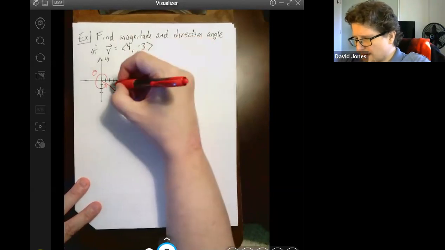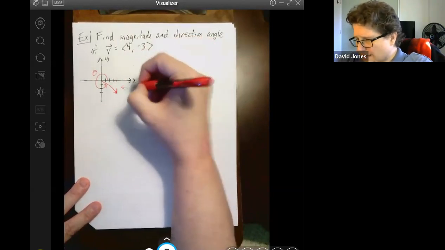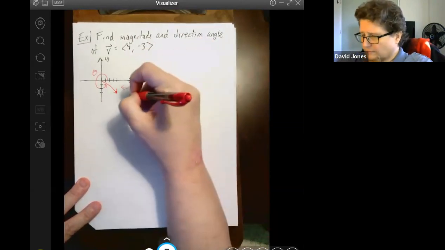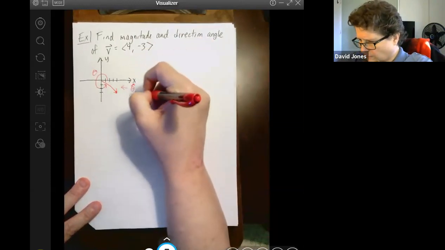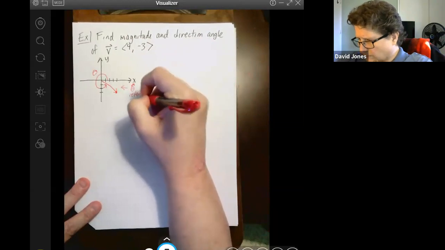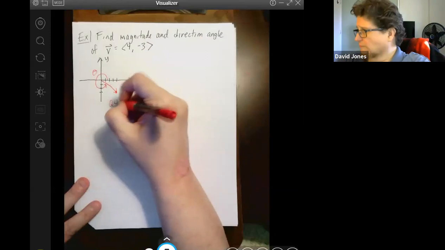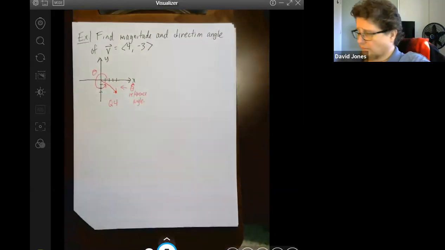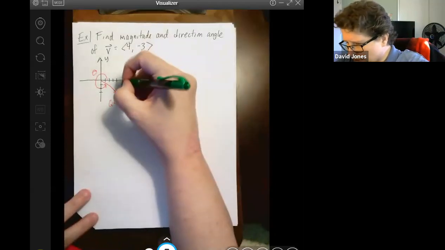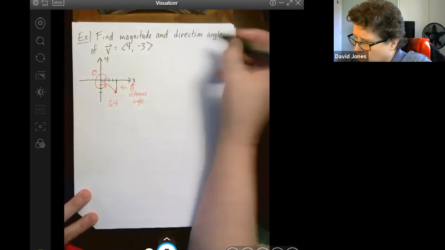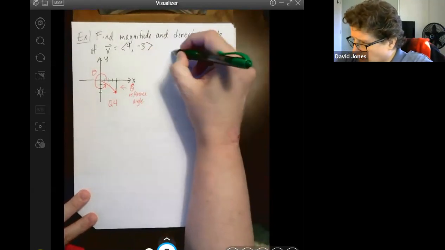Which is going to make this angle right here, that'll be theta hat, our reference angle. And this is in quadrant 4. And so let's look at what that triangle is. We got this triangle like this. Let's blow that triangle up a little bit.